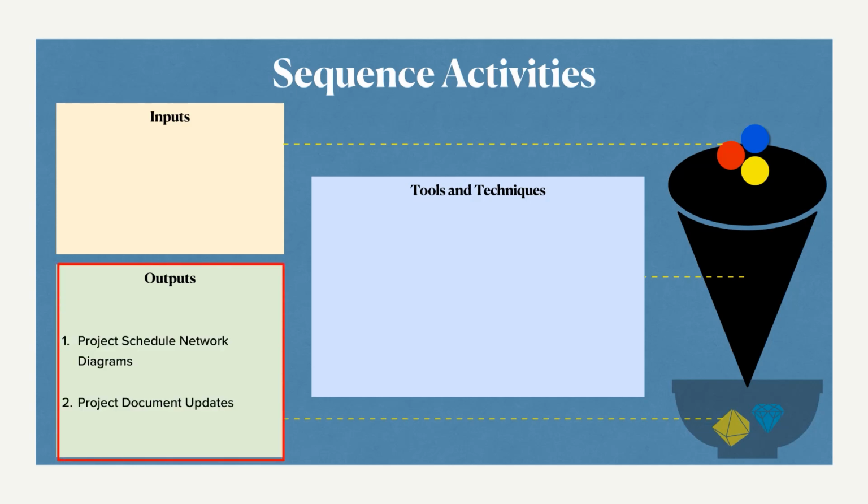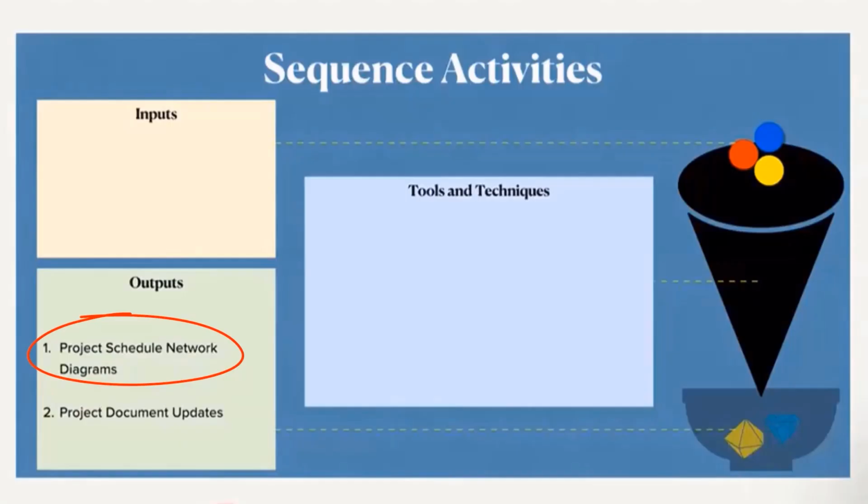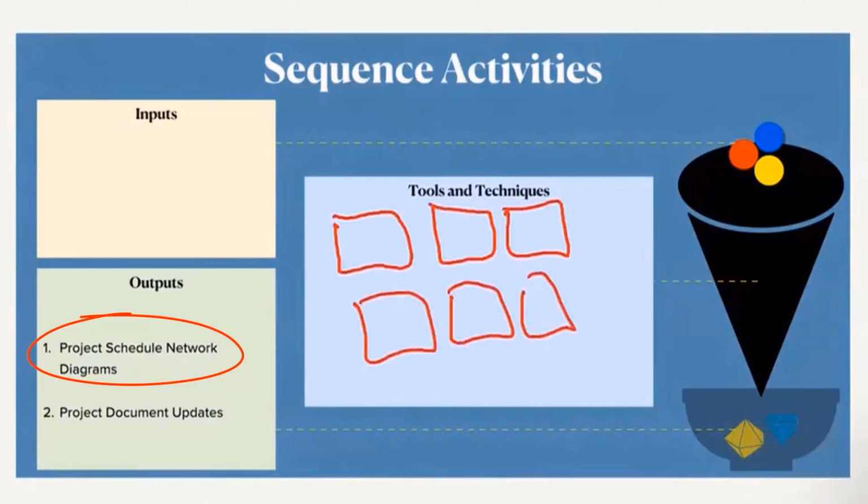At the end of the activities, these should be our goals or targets to finish. The project schedule network diagram. It sounds really scary, but this is nothing but the critical path method. If you remember, I have drawn that there are 6 activities identified, and then from start to end, what is the longest path?